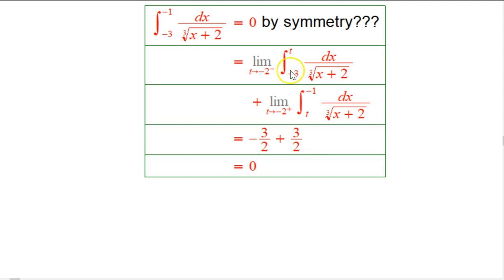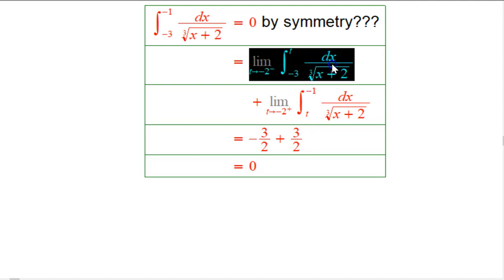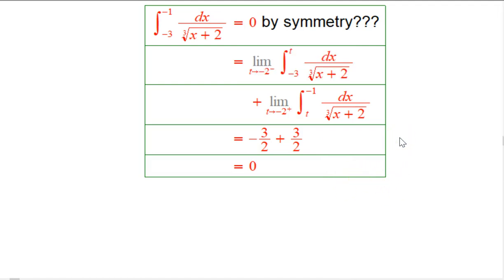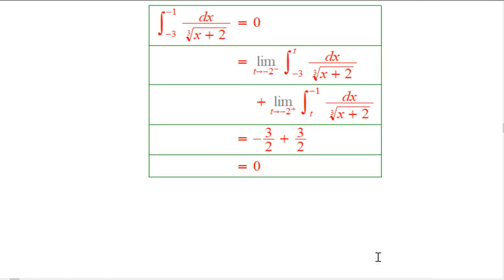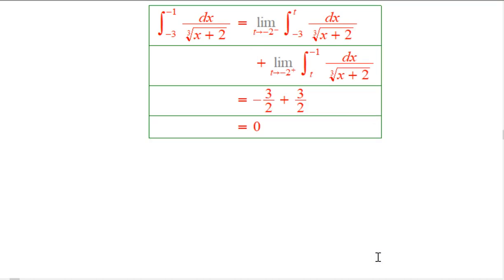But really important, it's that these things have to exist independently on their own. In the next video, I will show a quick example, actually maybe a little bit in-depth example, of where that would get you into trouble. So you can't just say, oh, it's symmetrical, it's obviously going to be 0. You have to break it up into the two separate pieces, show that the pieces separately converge, and then the answer is whatever it is, it might be 0.